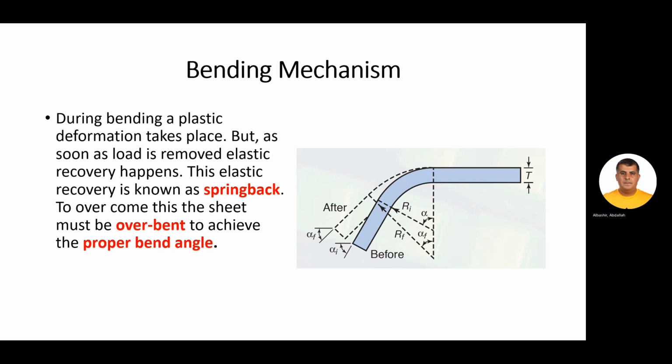It will go toward the flat direction. Okay, so it will be reduced. So to achieve the desired bend angle, we do overbending to overcome the spring back factor.